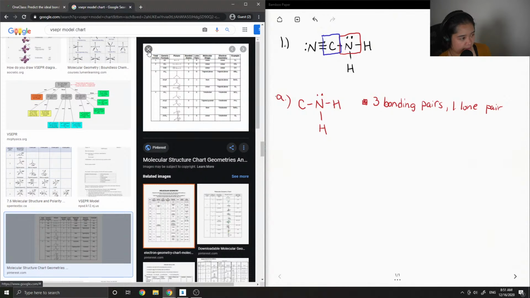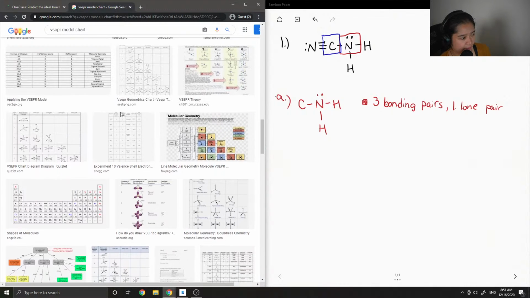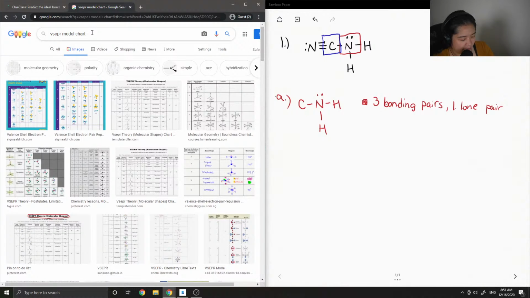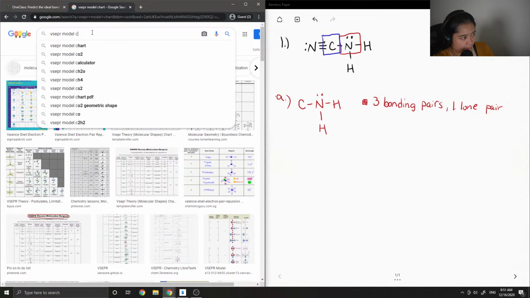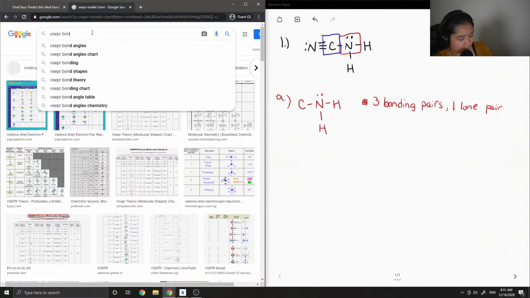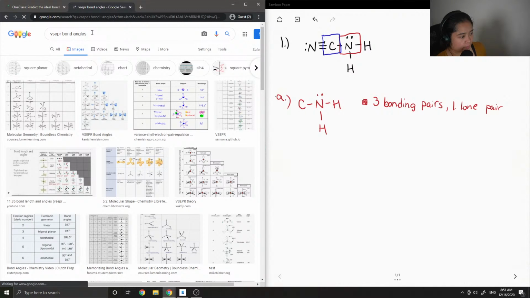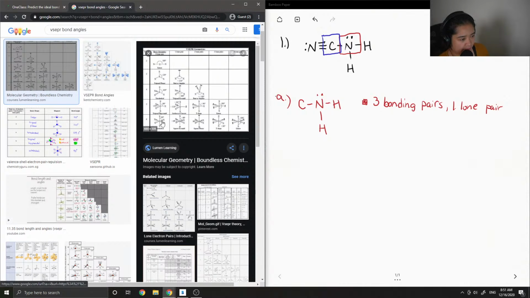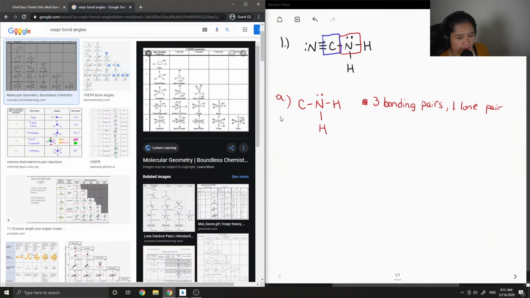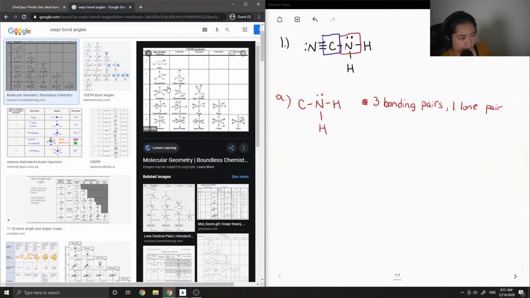But this one still doesn't have the bond angle. Let me just search bond angle. This one might help. Okay, so this is pretty helpful. So three bond pairs and one lone pair gives us this bent shape.